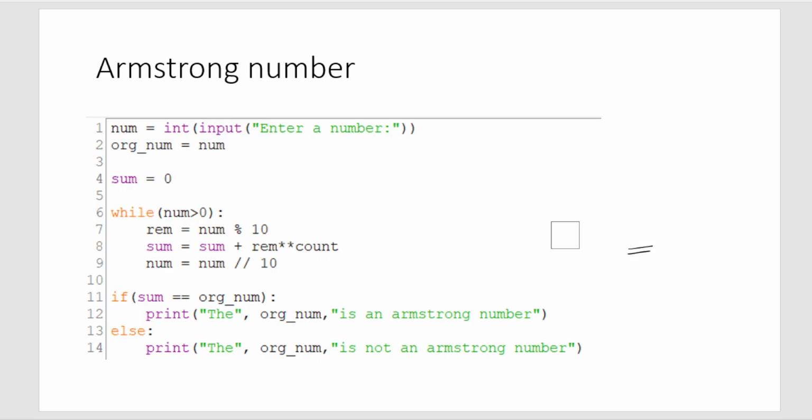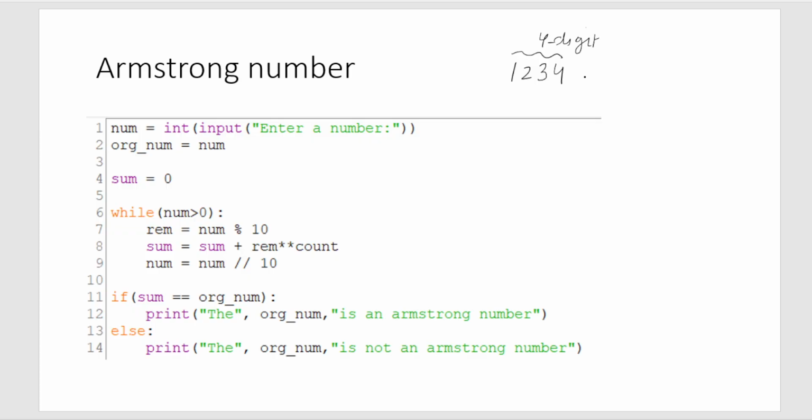So if we take another example, suppose the number is 1234. Then in that case you will not cube each digit, because this number itself is a 4-digit number.